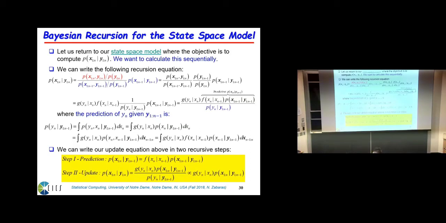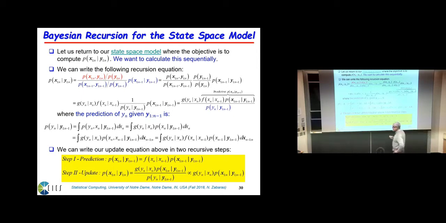All right, does this look complicated already? Let's return to the problem at hand. We want to be able to compute this posterior of x 1 to n given the data y 1 to n.